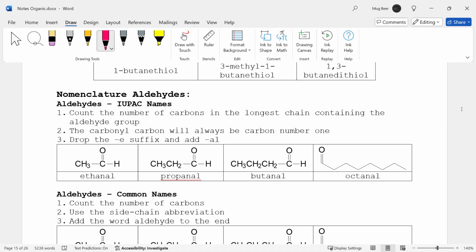So this is ethanal because it's a carbon doubly bonded to an oxygen, and there's only 2 carbons there. So the double bonded oxygen, that carbonyl group, has got to be on the end for that one. So that one's easy. And we're not going to need any numbers for any of these aldehydes. How come?